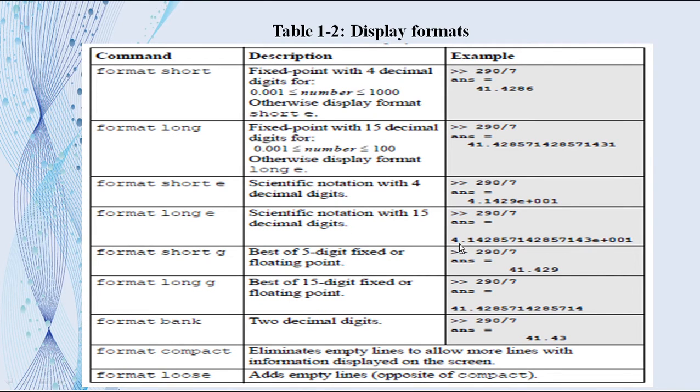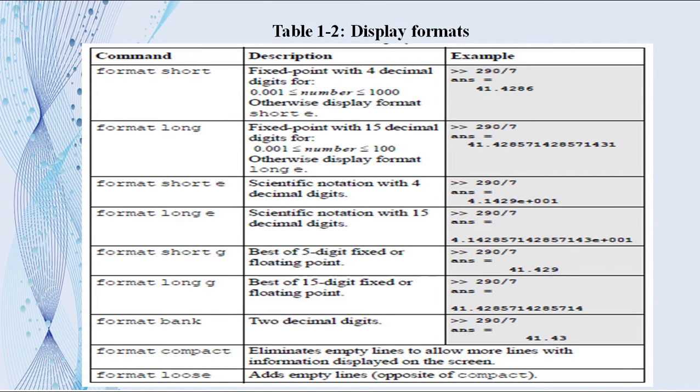In the example you might have seen the first one short, 4 digits; long, 15 digits; short e, only 4 digits, and before the decimal we have only one digit, the ones place only, because that's the scientific notation technique.